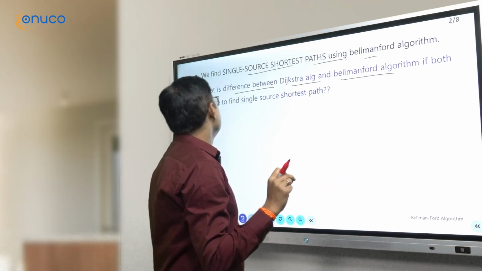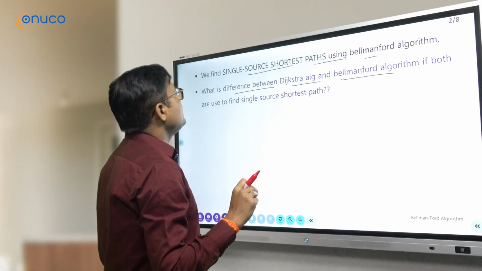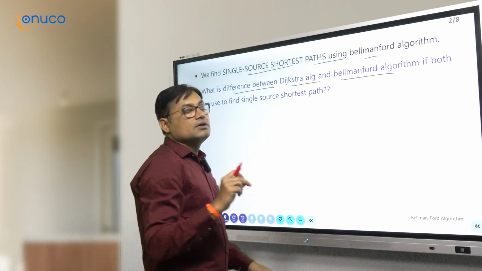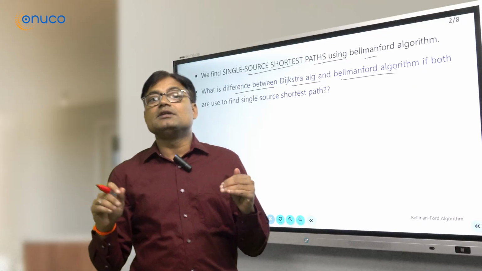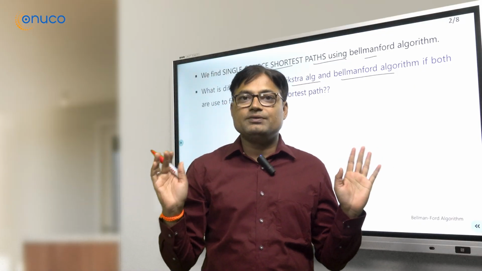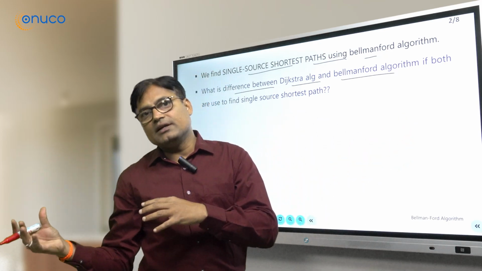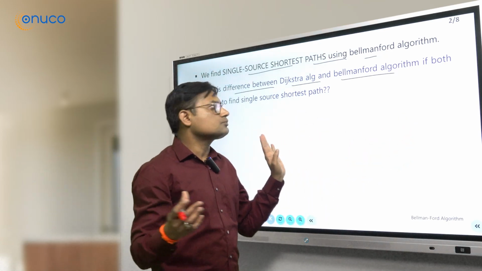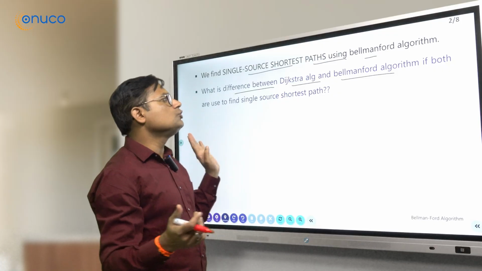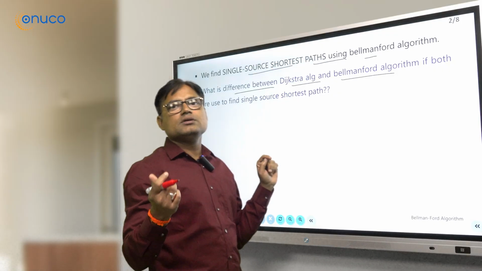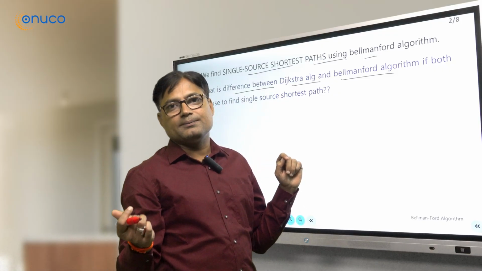While Bellman-Ford algorithm deals with negative weight on the edges as well. It means if some of the weights are positive and some are negative, it is going to perform the task and will give you the single source shortest path.